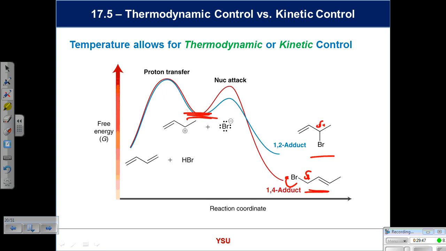You're developing charge either on primary or secondary. You'd have to argue that going on a secondary carbon is easier. So it's more likely to stay at the 1,4 if it can get there. But at low temperature, we've sort of minimized the amount of energy, so most of our molecules are kind of, okay, come on, let's go. We're here. That's a bit too far. Some do, most don't. Michael?